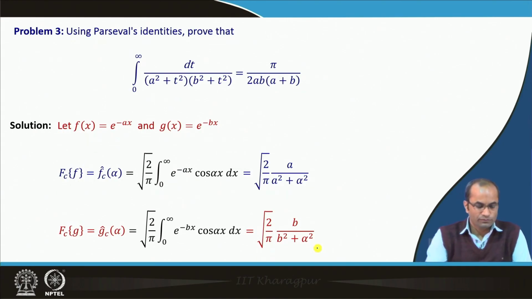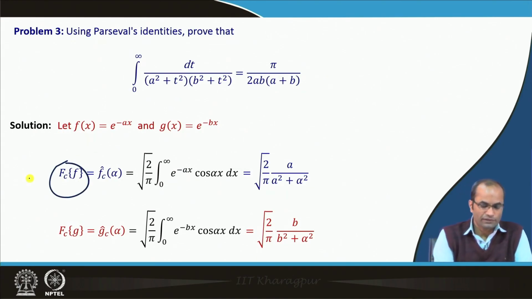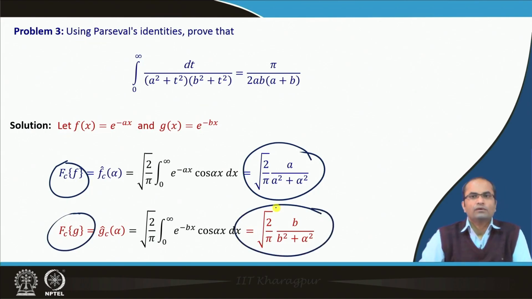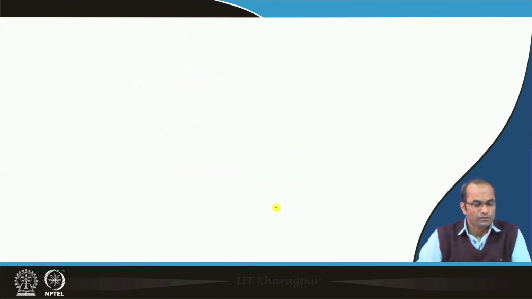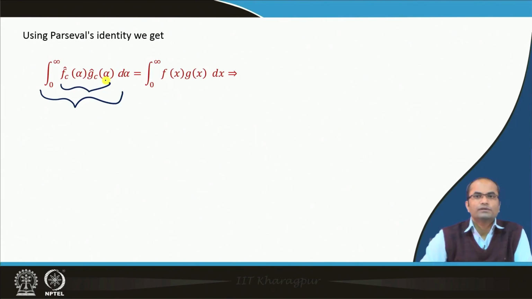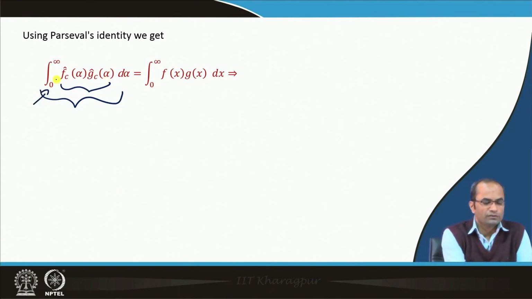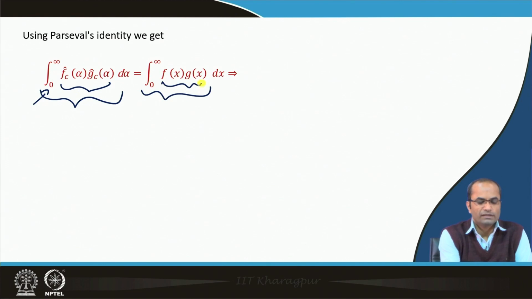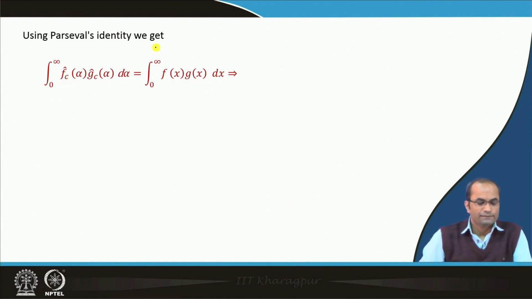So, having these two Fourier cosine transforms for f and g, we can now apply the Parseval's identity. So, just to recall, the Parseval's identity was the multiplication of the Fourier cosine transforms when integrated over 0 to infinity. The value is equal to the integral when the two functions are multiplied and integrated over 0 to infinity.